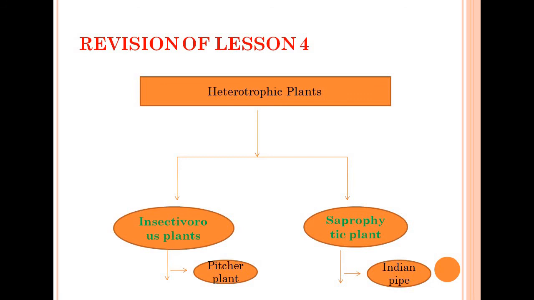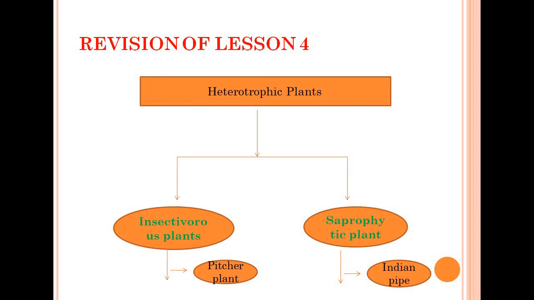During lesson 4, we studied the heterotrophic plants in detail, about insectivorous plants and saprophytic plants. We studied their mode of nutrition, how they obtain nutrition by trapping insects.